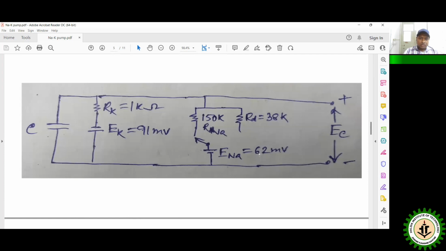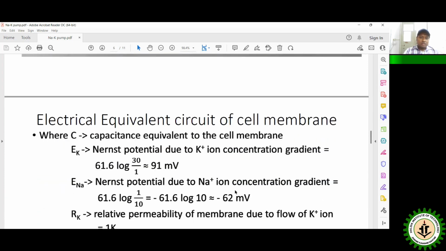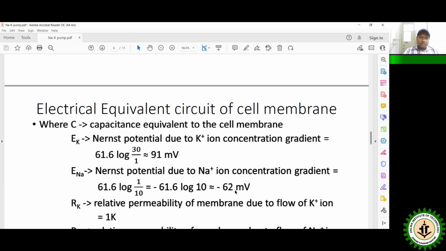This one, ENA, is the Nernst potential due to the sodium ion concentration gradient, which is 10 times higher at the outside than the inside. So that is why it is 61.6 log 1 by 10.